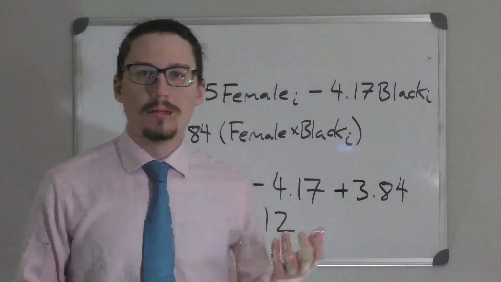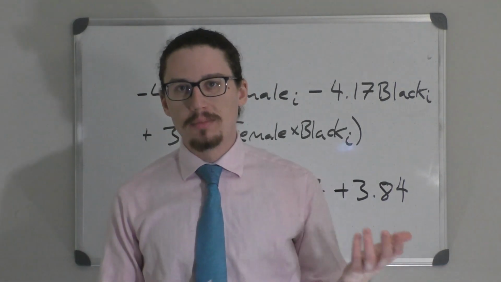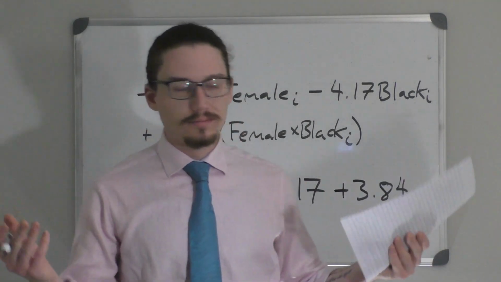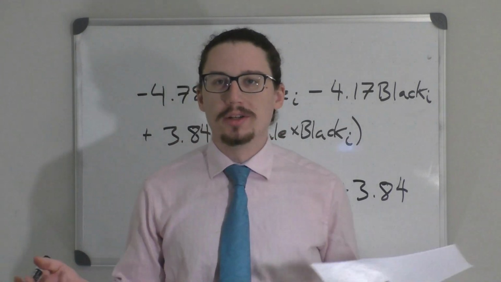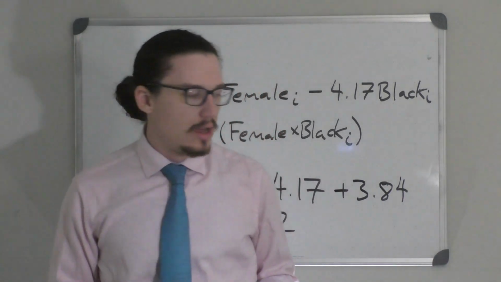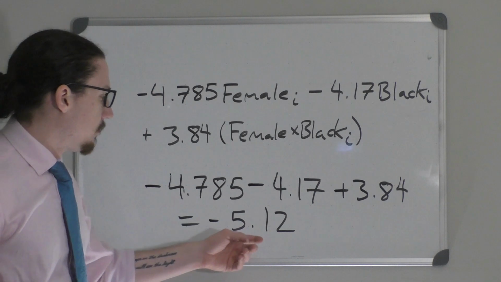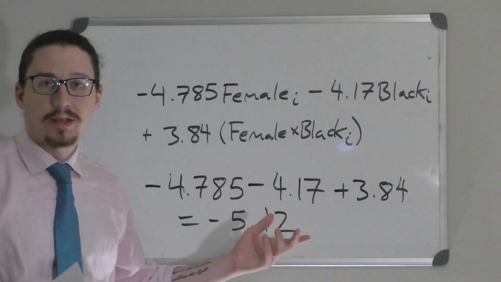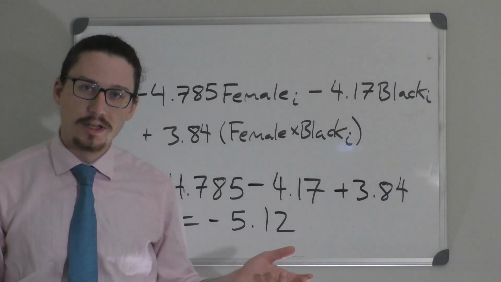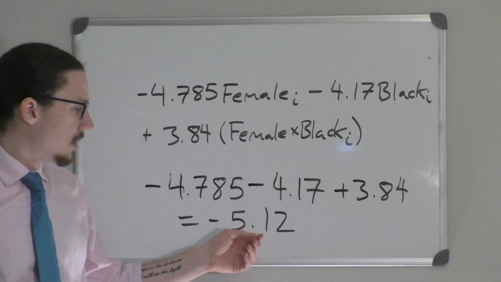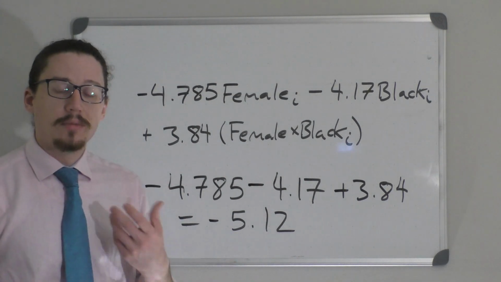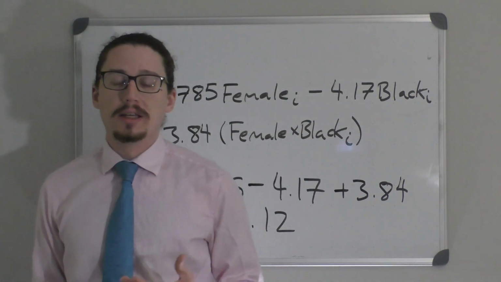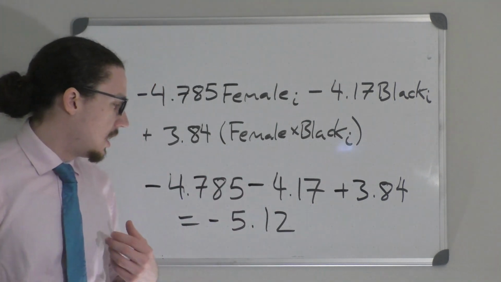Now, of course, we're talking about dummy variables, so there's going to be a reference group. In this case, the reference group would be white males, or non-black males, but most of the time we're going to interpret that as white males. Maybe unfairly, but regardless, that's what we're going to go with, just for ease of interpretation.